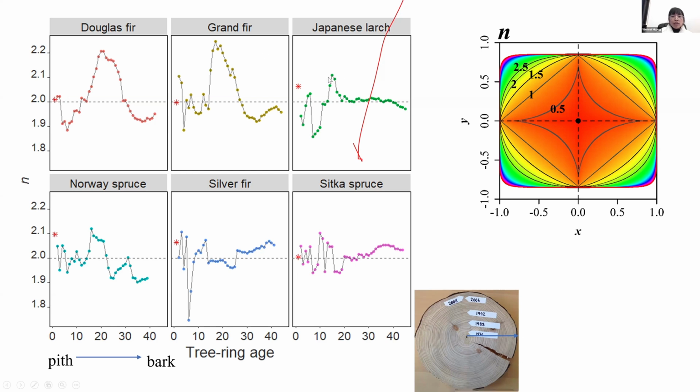But for the other species like the silver fir and the Sitka spruce, you can see that at a younger age, their N value has large fluctuations compared to when they become mature. This is the same with the Japanese larch. And for the Norway spruce, we can see they continually change from year to year.